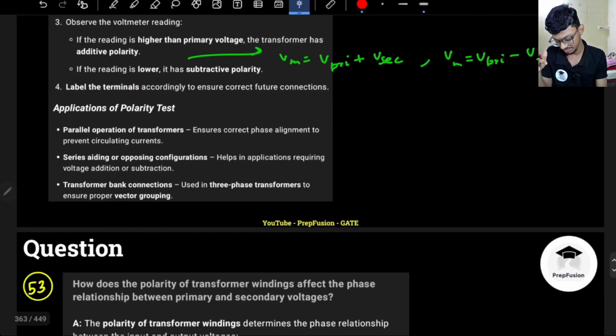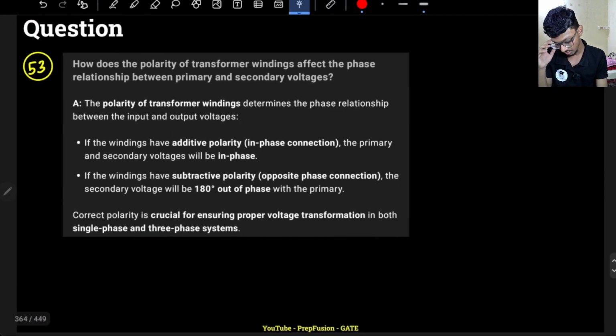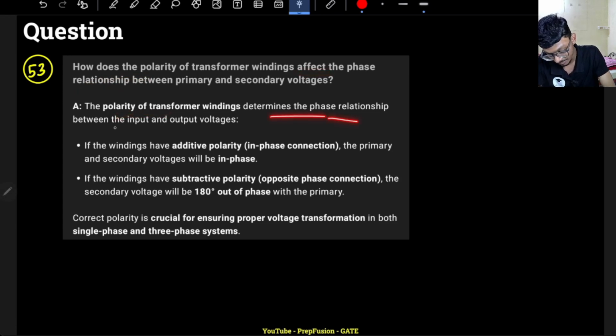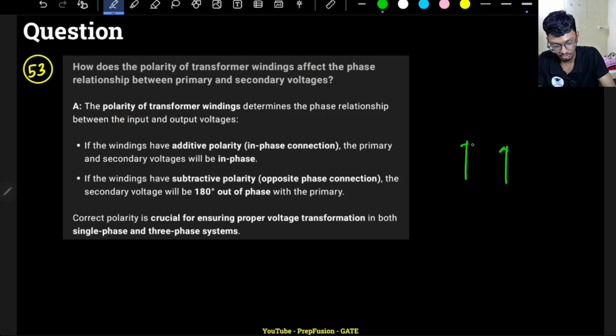These are the applications, and one interview question on this polarity test: how does polarity testing of transformer windings affect the phase relationship between the secondary and primary voltages? The polarity test determines the phase relationship between the input and output voltages, because we want the output voltage to increase when the input voltage increases, and only then will dot be connected to dot.